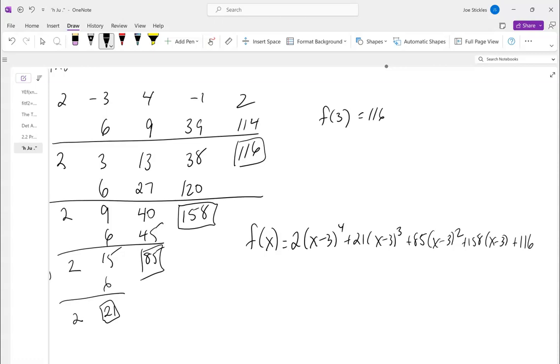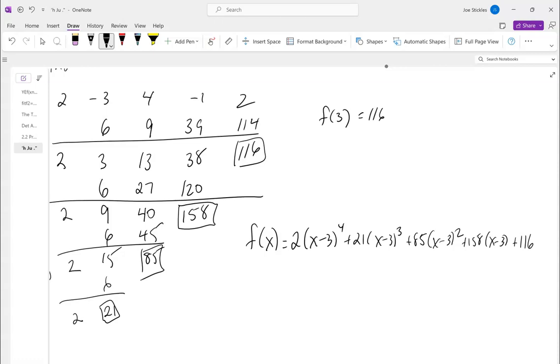So the numbers that are left over here are your coefficients on x minus 3 to whatever power it is, right? So this was the last one, so that's the highest degree term that we had left. So we have the 2 times x minus 3 to the 4th. It makes sense that that number should be the same, because remember we had a 2x to the 4th term at the beginning.